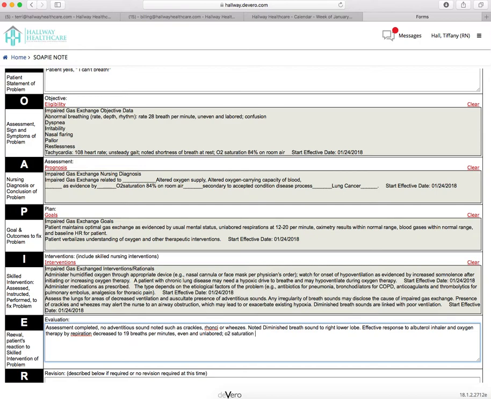O2 saturation increased to 94%, or no, that should be more like 98% with O2 at 2 liters per minute.